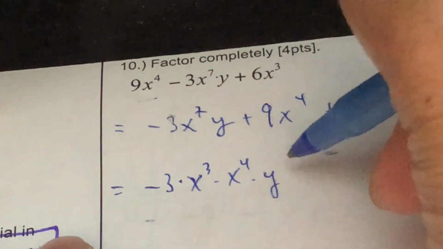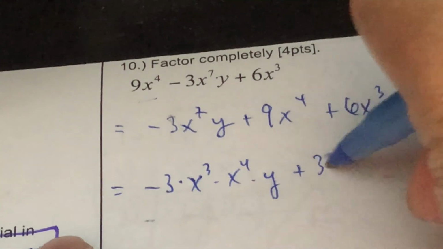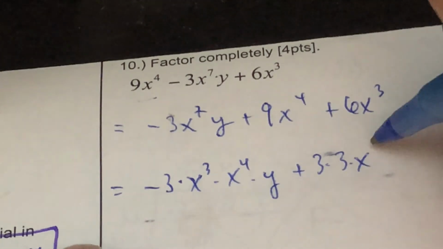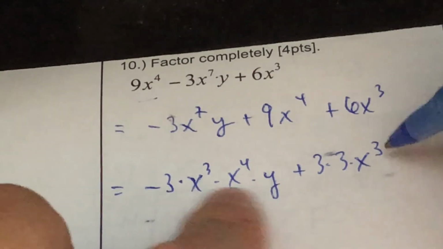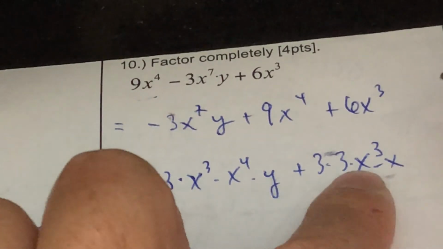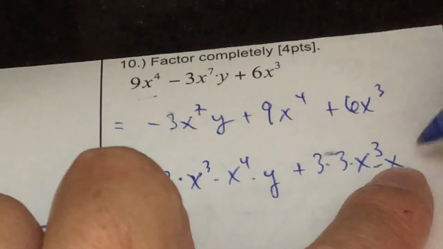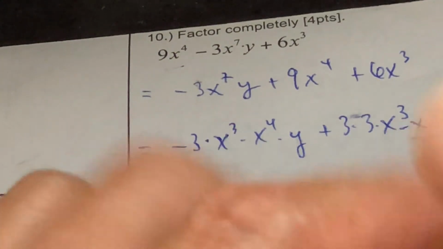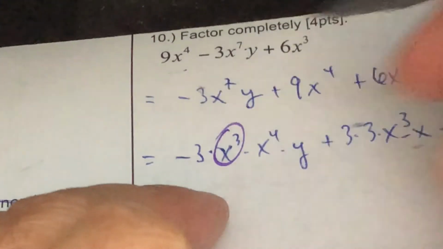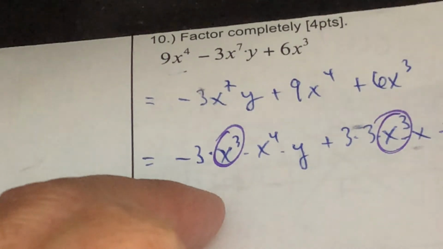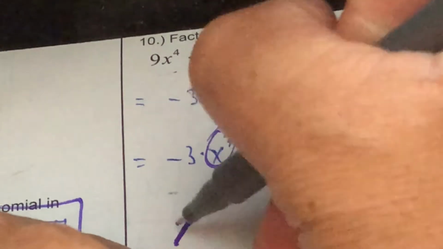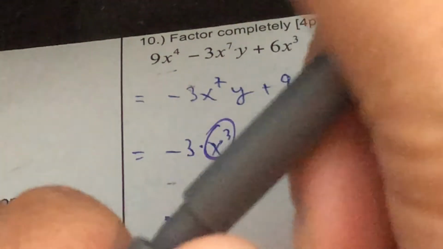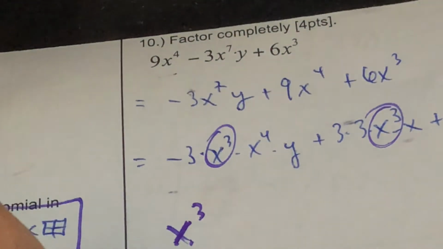Don't forget that y. 9 is 3 times 3, and then I'm going to put x to the 3rd here, and then times x, right? Because that's 3 x's, and that's the 4th x. And this one I'm going to do 3 times 2 times x to the 3rd. I'm going to recognize that all of them have an x to the 3rd. So x to the 3rd becomes my GCF.